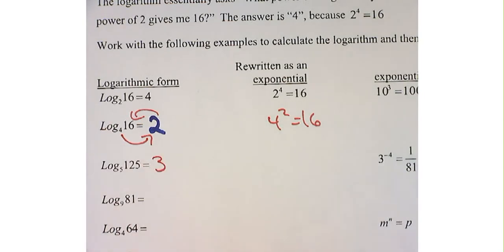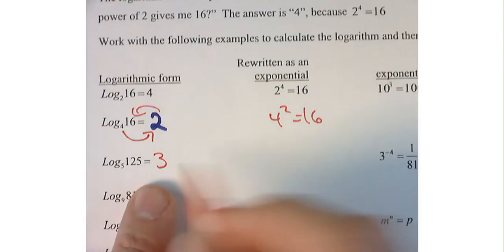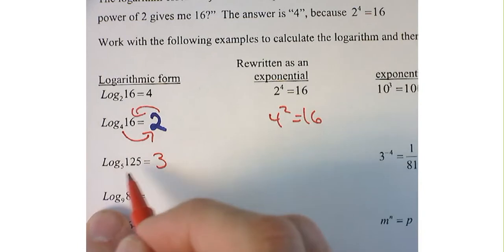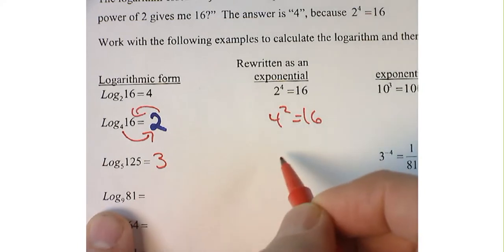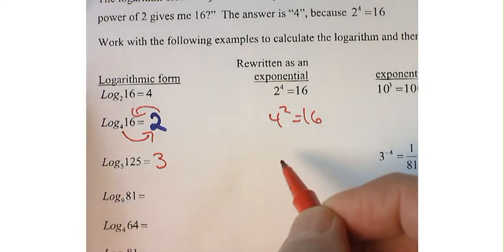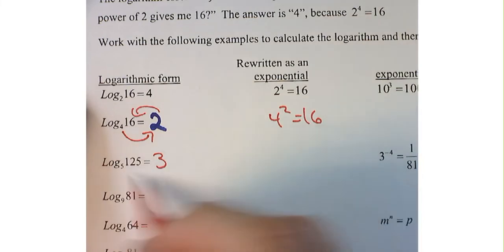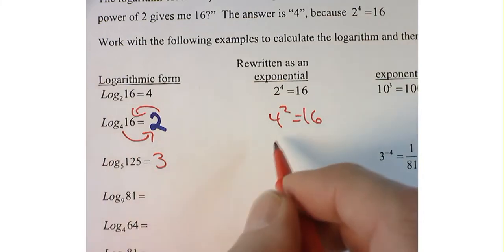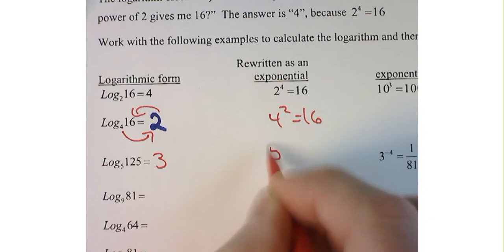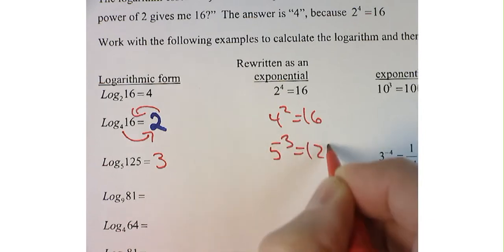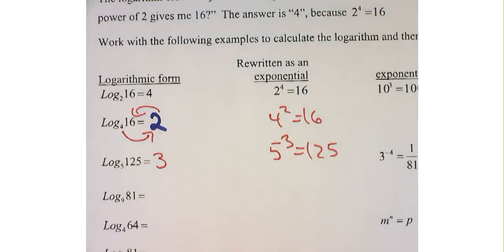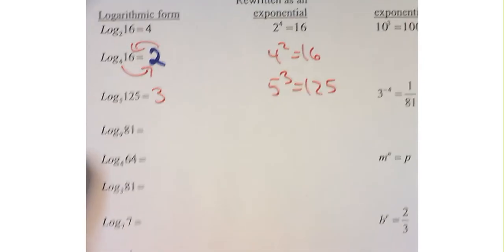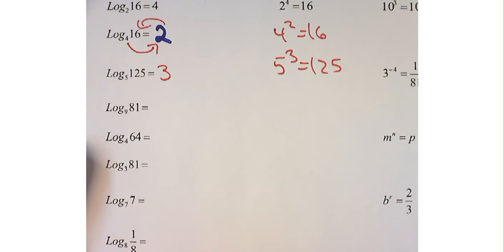So it sounded like 3. Now if that's 3, then I should be able to rewrite that using exponents. What would be the equivalent expression using exponents? What to what power equals what? 5 to the third power equals 125. Perfect. Now there's a couple more here that we can look at.